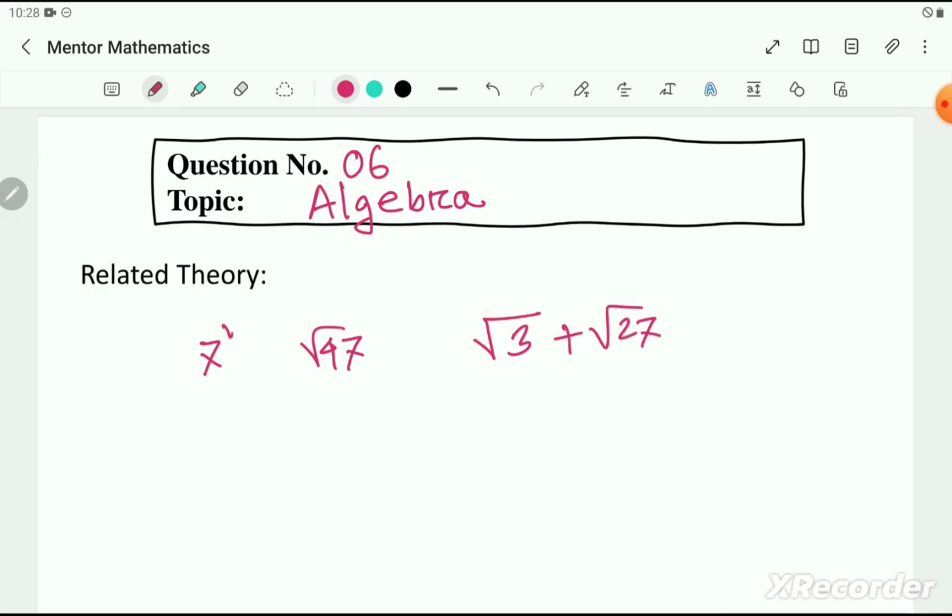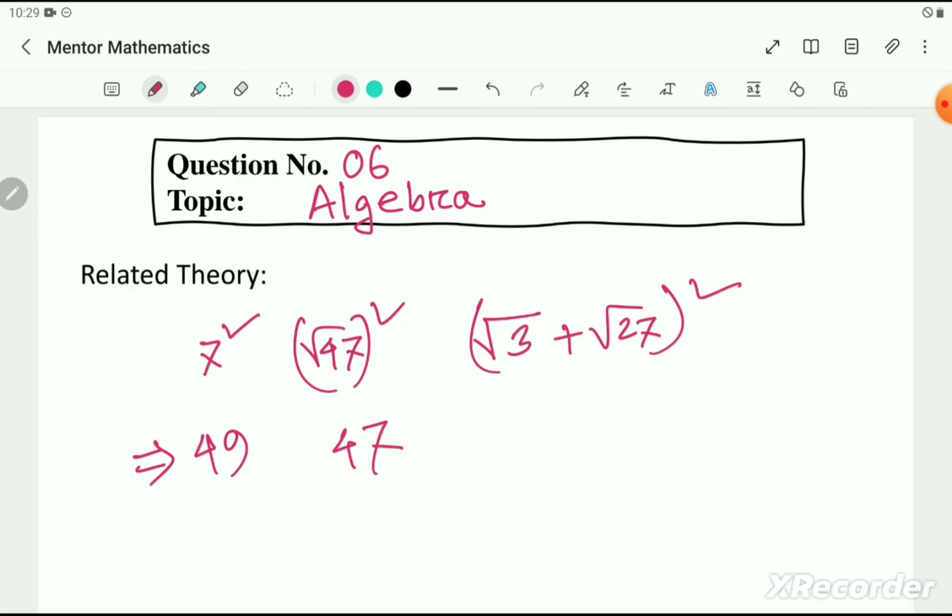If we square them, all of them, then we find 47, 49, 47, and in this particular case we have to be thoughtful, like root over 3 plus, here we can write root over 27.